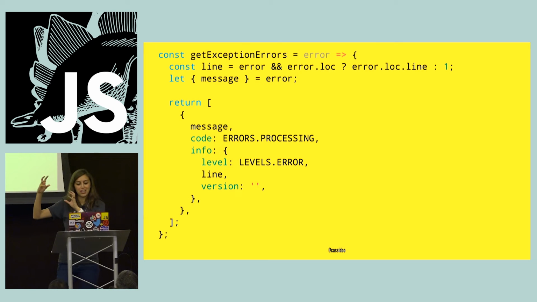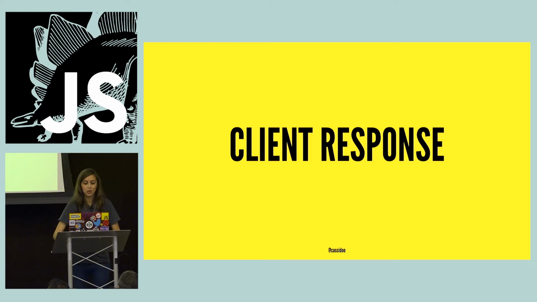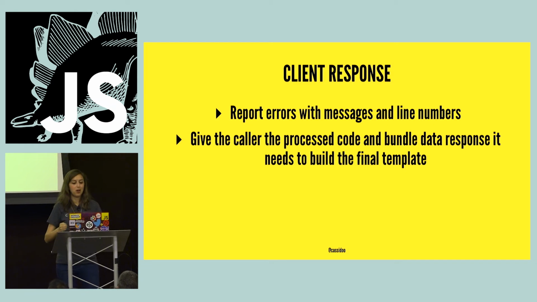And then we use that line to be able to, on the user interface side, put the error somewhere in your code. And then we get the error message saying like, hey, you missed a semicolon or something like that. And then as we put all that together, we return this JSON that will compile into the ultimate response, which I'll talk about now, the client response. So you get all of your errors with the messages and the line numbers where those should happen.